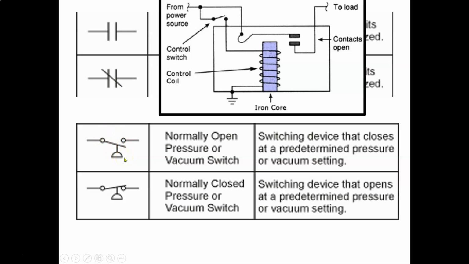You have to think about, when you're buying your switch, what gravity is going to be doing. So right now, gravity is pulling down on this pole, which is keeping it open. So we're going to be calling it a normally open pressure switch. Unlike this guy here, gravity is pulling down on the pole here, which is keeping it in contact with this terminal, which means it's a normally closed pressure switch.